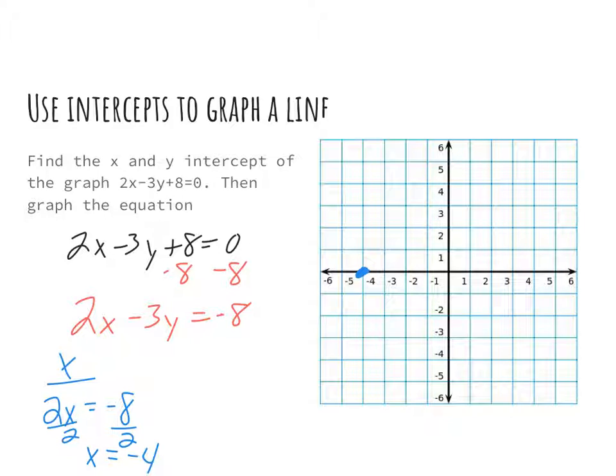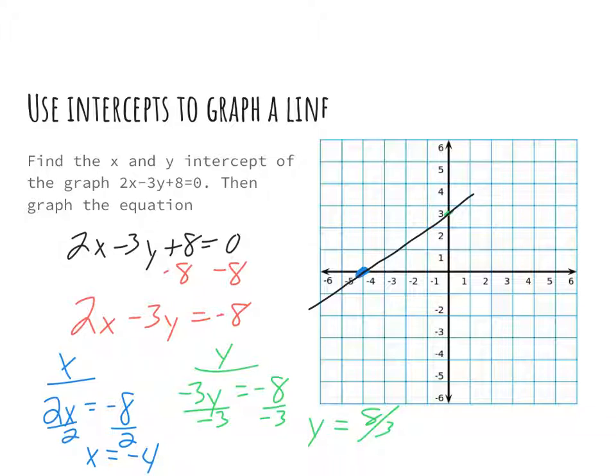For the y-intercept, I take the y part, the negative 3y, and I set it equal to negative 8, and then I solve for y, dividing both sides by negative 3, giving me y is equal to 8/3. So on the y-axis, I find 8/3, which is roughly here, and I put the point there. And now I've got my 2 points. I can connect with a line and extend.